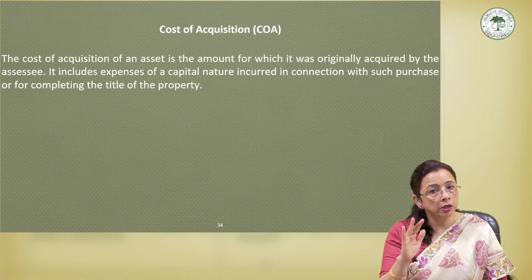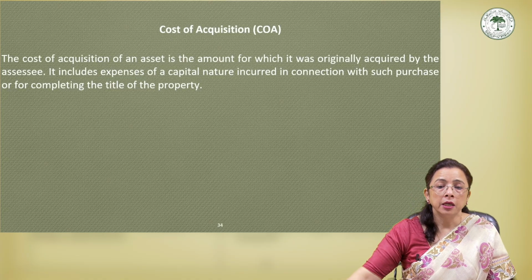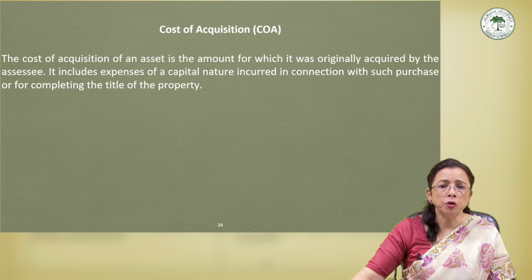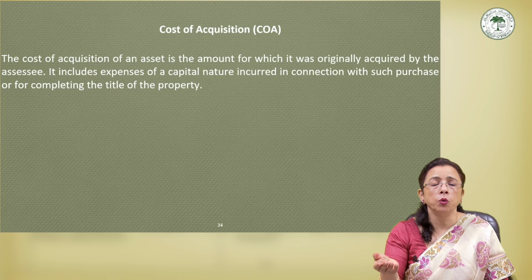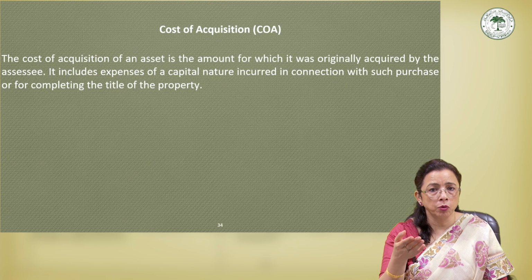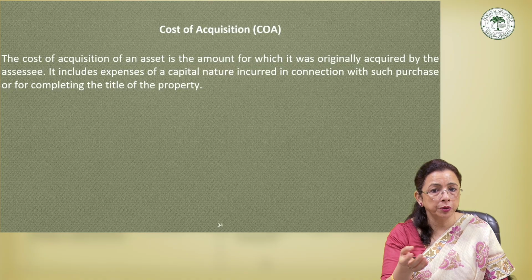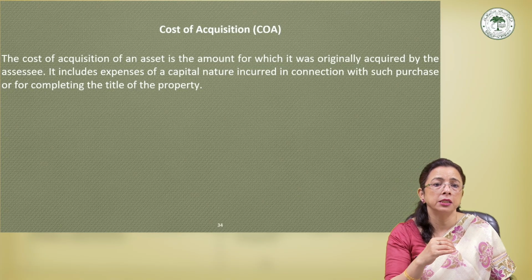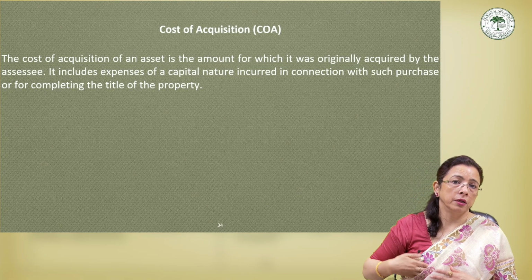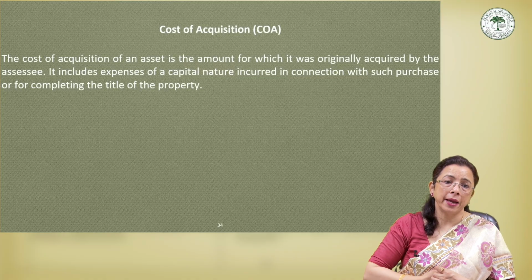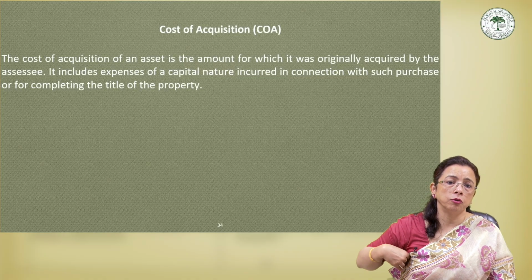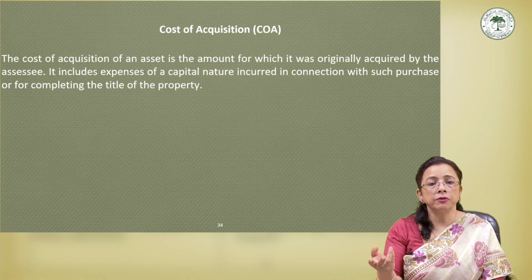And this we have already discussed previously with the example also. Maybe I can go with one more example to make it more clear. Suppose a person purchases a house for rupees 20 lakh, and he pays 1 lakh for stamp duty, and he pays 50,000 as registration fees.